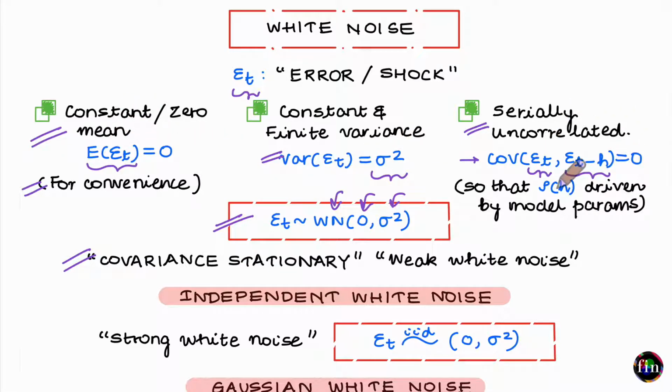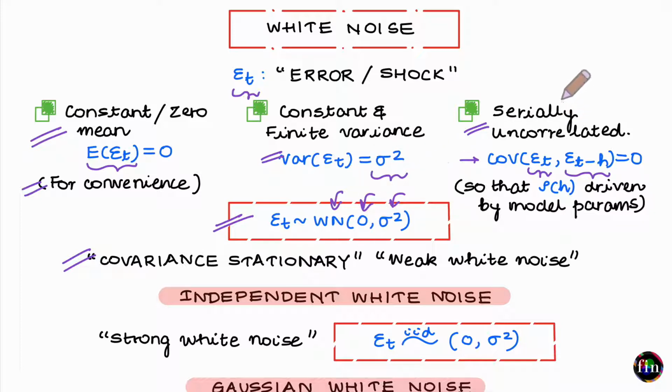It has a stable autocovariance structure. See, autocovariance does not depend on t, it is 0 always. And number 3, my variance is stable and finite. It's equal to sigma squared no matter which t we are referring to. Okay, so all three conditions satisfied, white noise is covariance stationary.